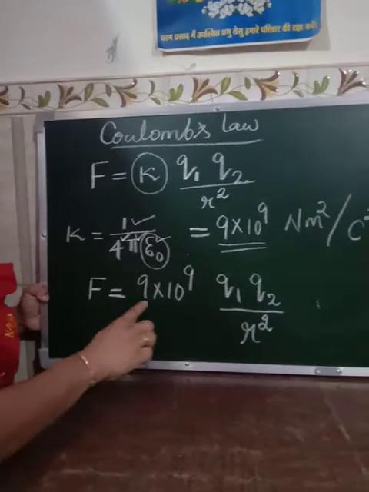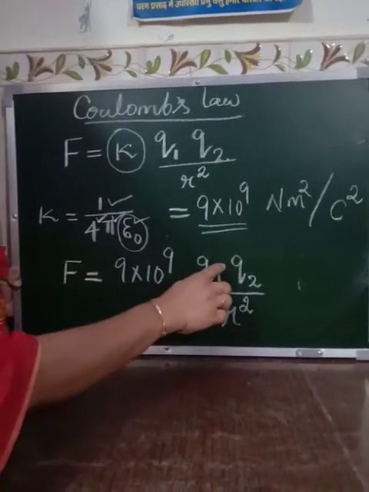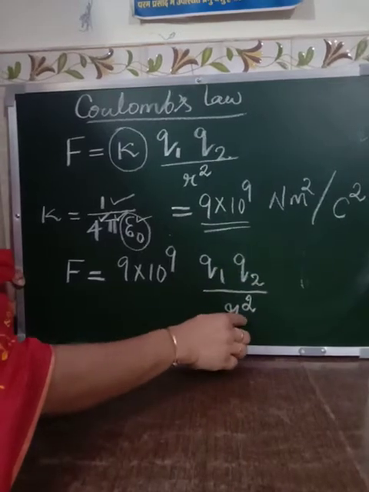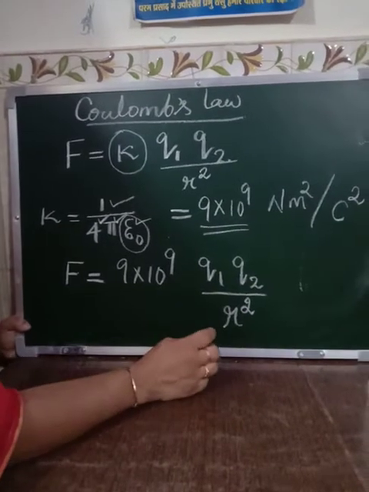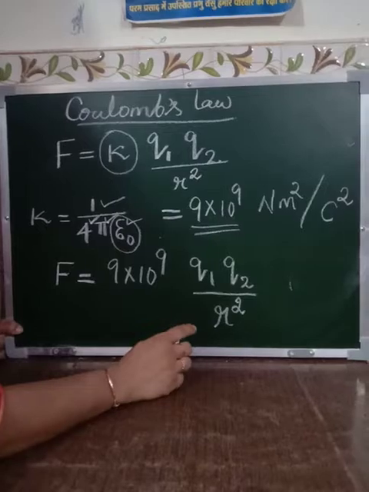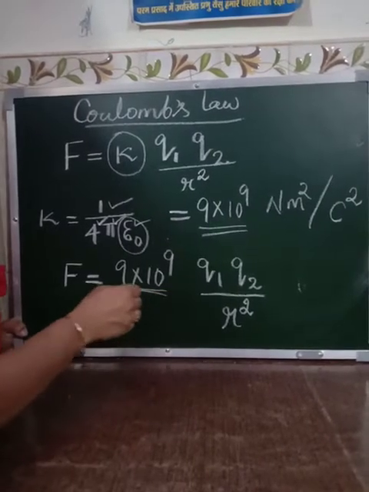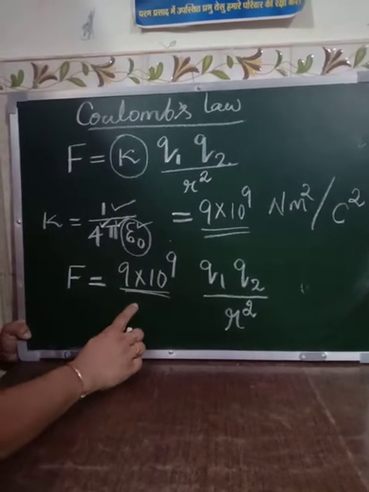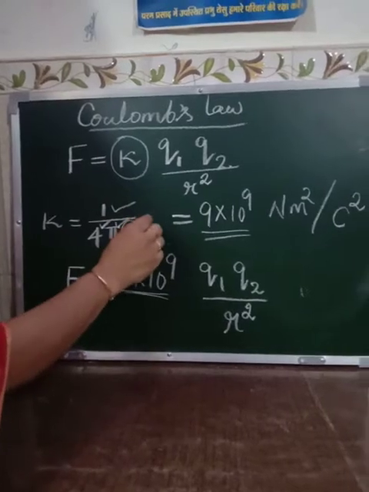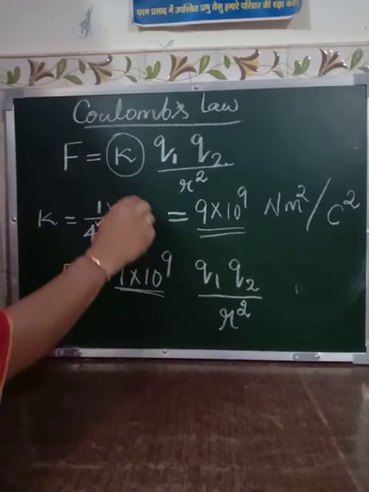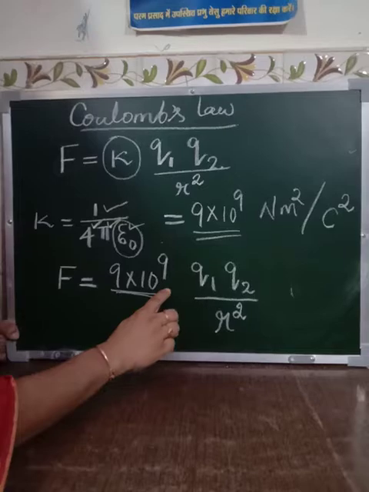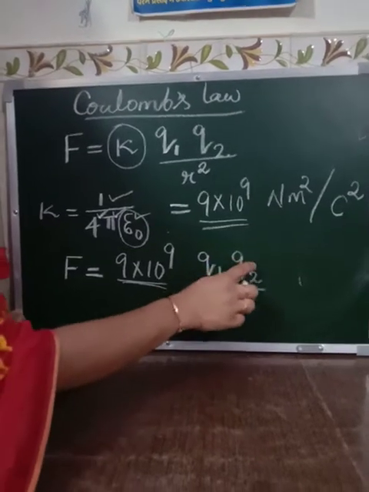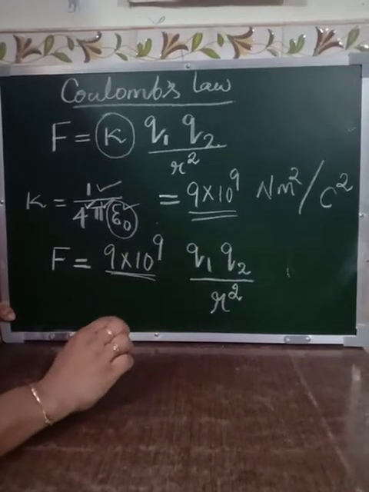This is the equation we use everywhere in numericals because calculation is easy with the value of k. No need of calculating 1 by 4 pi epsilon naught each time. In that place we can put this value 9 into 10 raised to 9, then Q1 Q2 upon R square.